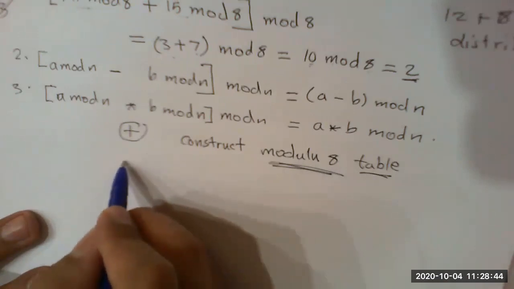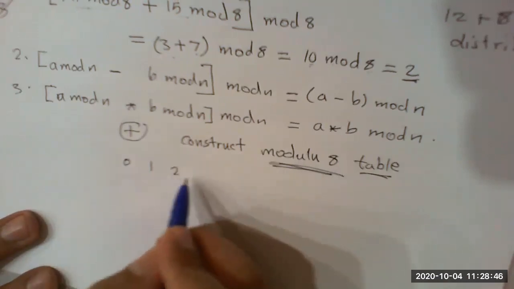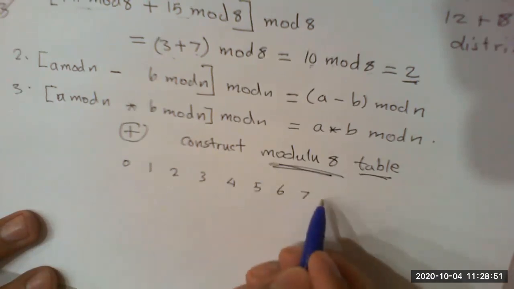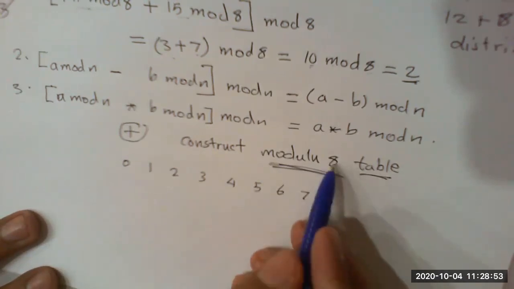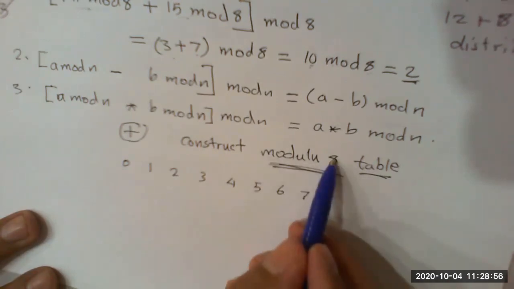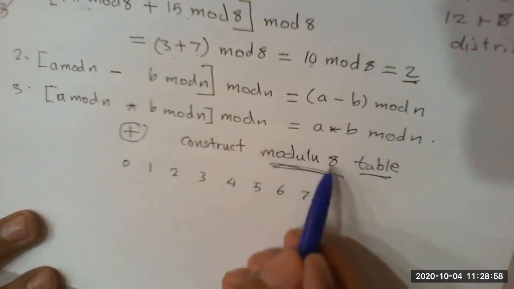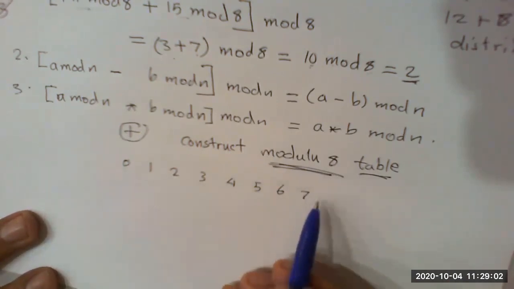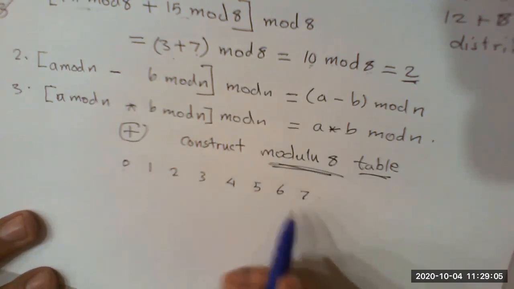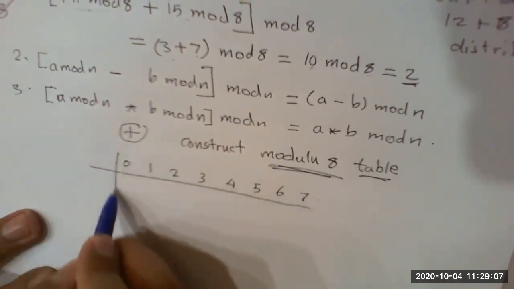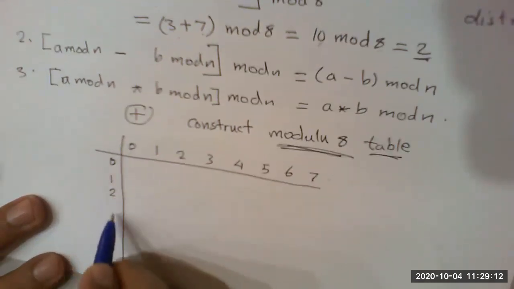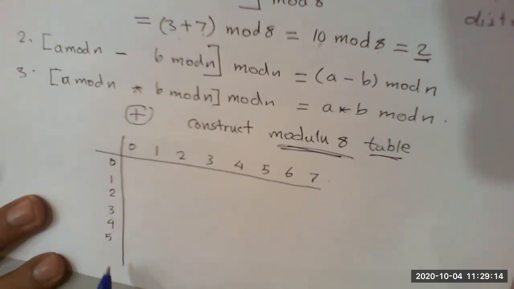You take 0, 1, 2, 3, 4, 5, 6, 7, and only up to 7, because if I get to 8, 8 mod 8 means 0, so I return back to 0. There is no 8 here. It is from 0 to 7. And I write the same numbers here: 0, 1, 2, 3, 4, 5, 6, 7.